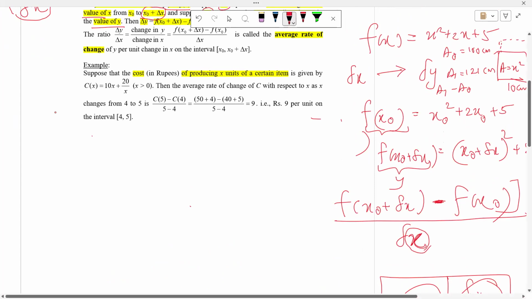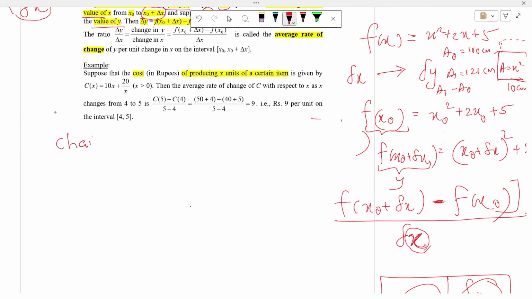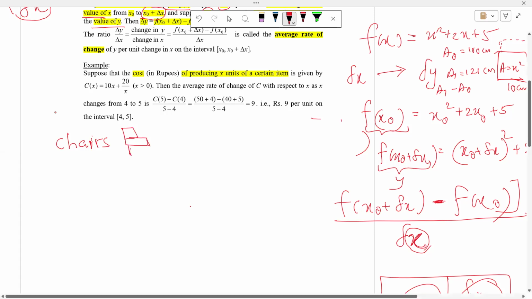Let's say you are manufacturing some type of chairs, right?